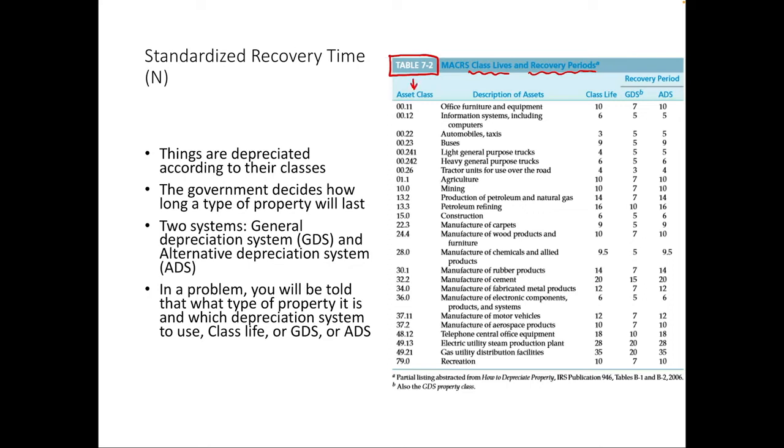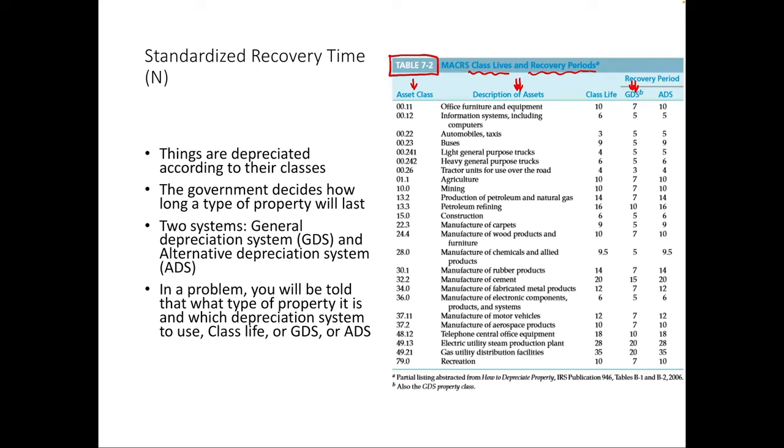That is the fixed class number or the index used in the IRS system, and you do not need to know how the asset class is determined. Okay, you just need to focus on the second one and this column called the GDS. So the second column is the description of assets. So here is the thing you need to read through and determine what is the class of your asset.